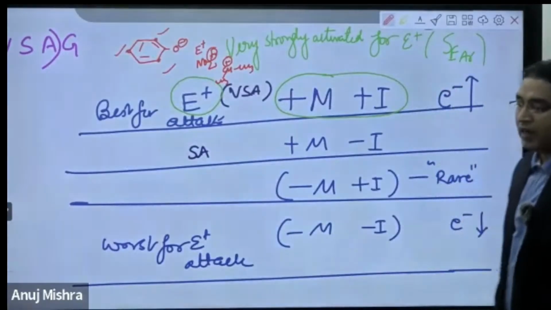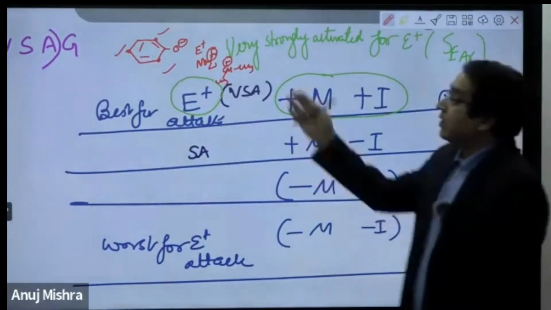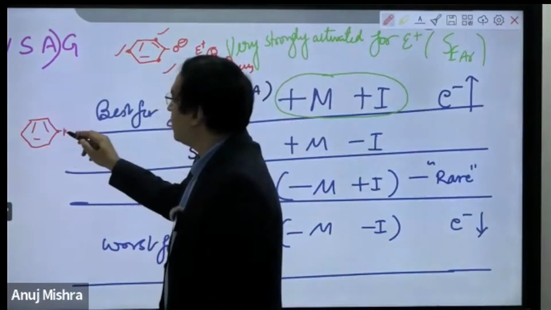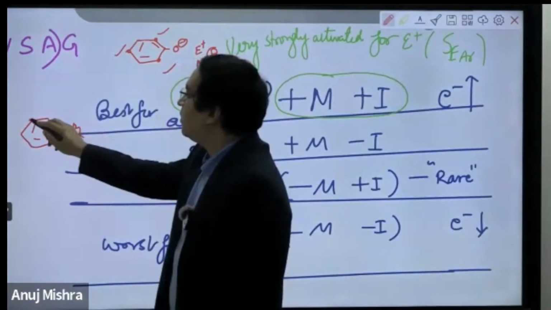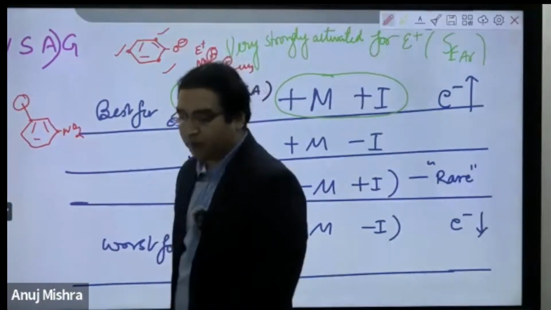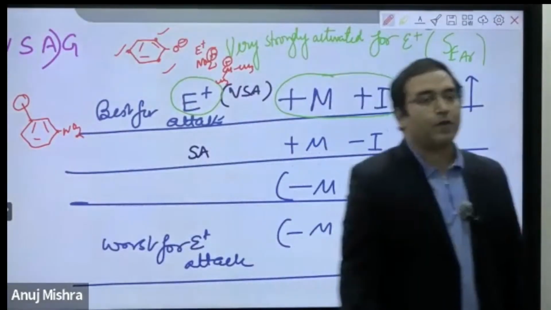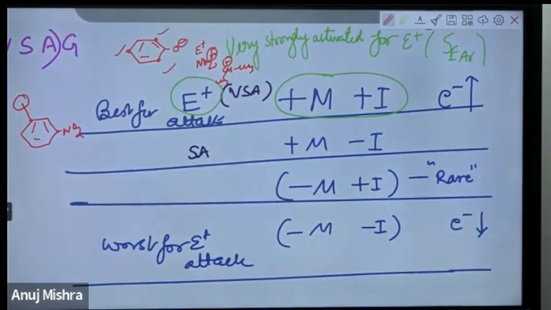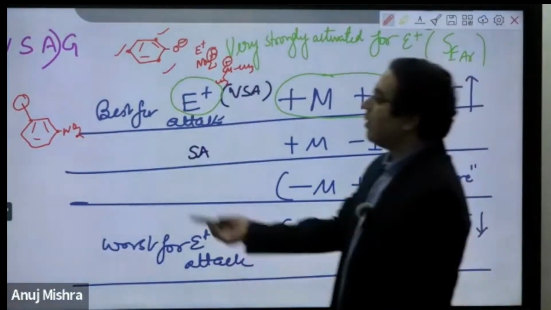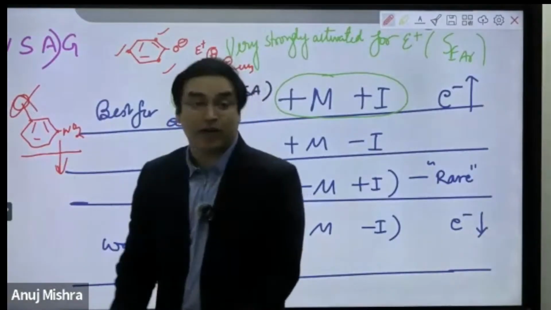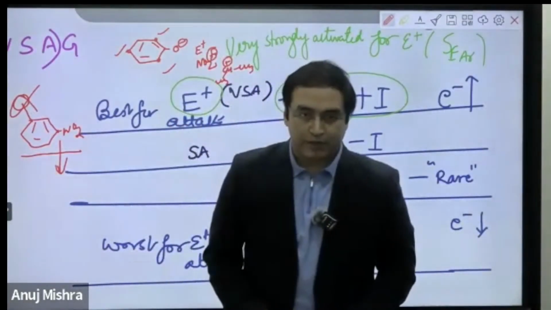The same question comes, but this time they give NO2. You will try to put it here, if possible, because ortho and para positions will not be used. And with NO2 it will become difficult also. Maybe nothing will come because this is highly deactivated. So maybe this will not react also. We'll talk about it. Is it fine?